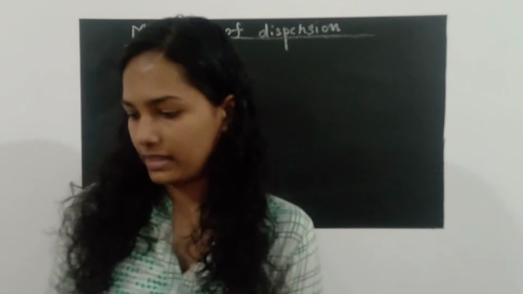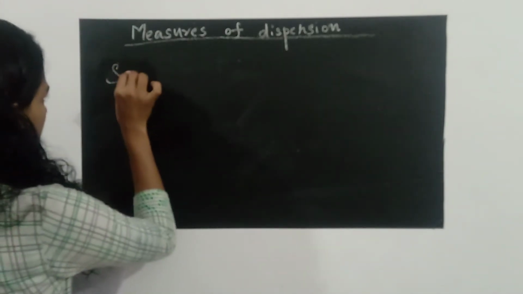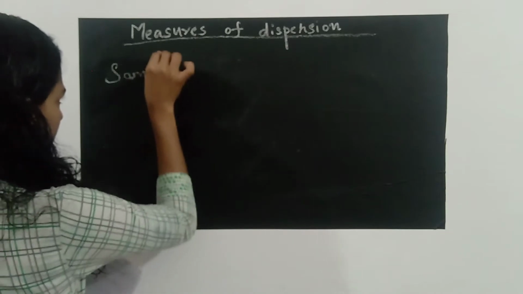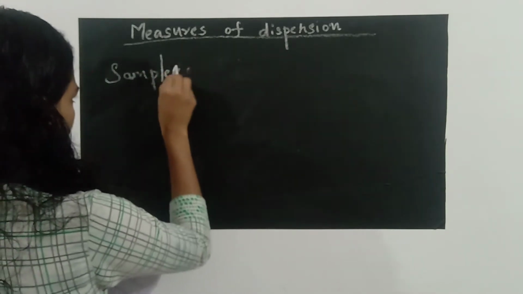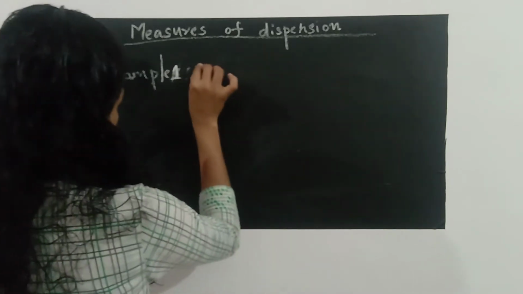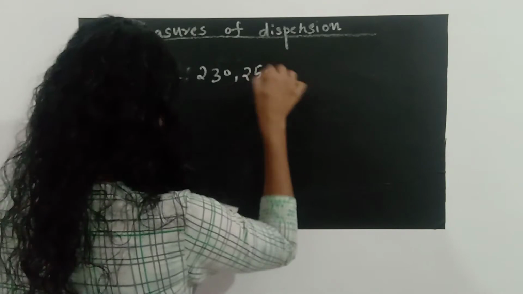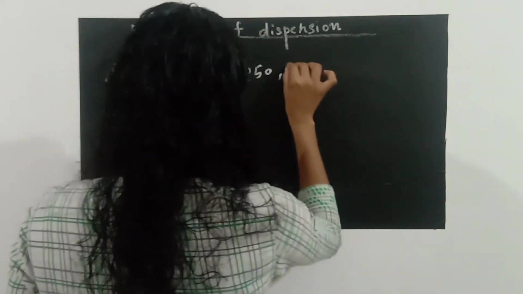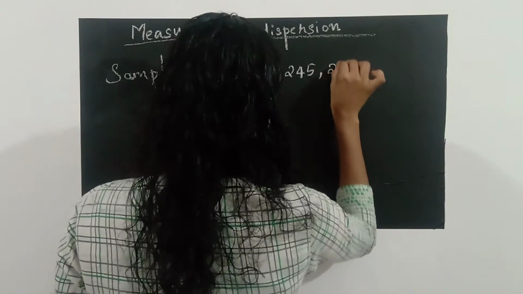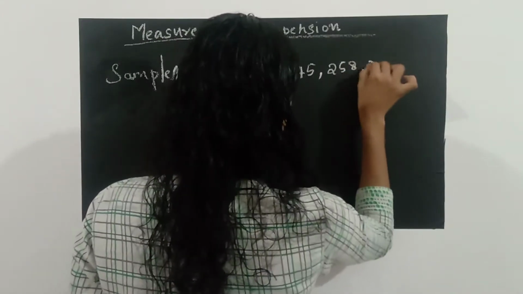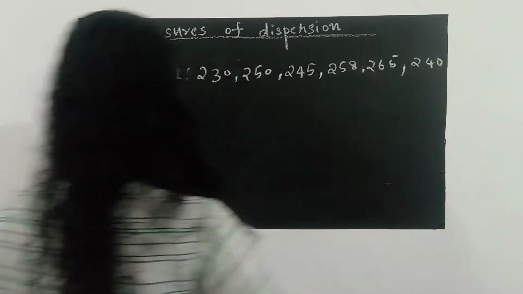For example, consider two samples. Sample 1: 230, 250, 245, 258, 265, 240.